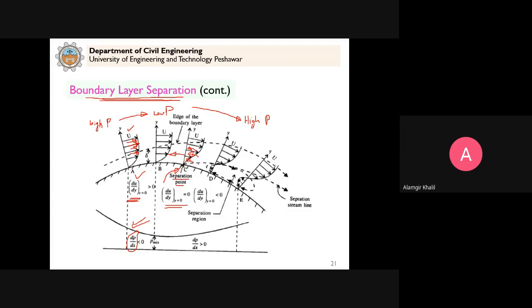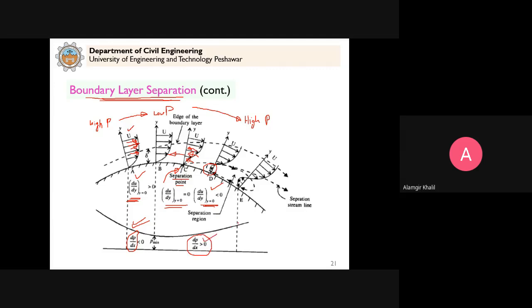If the fluid moves further, what will happen? The pressure is still pushing it, so at this point a negative velocity gradient is developed. The reason is that you have an adverse pressure gradient.